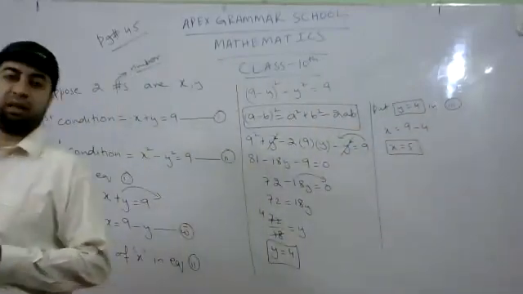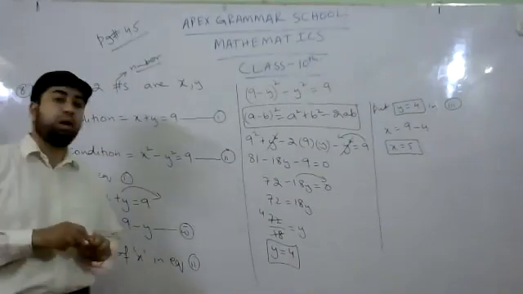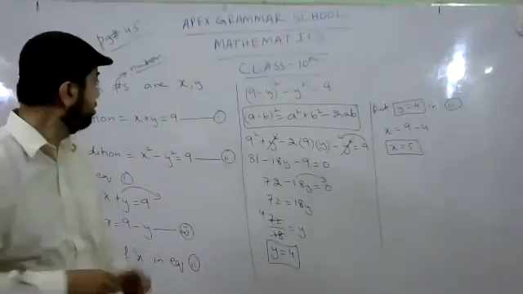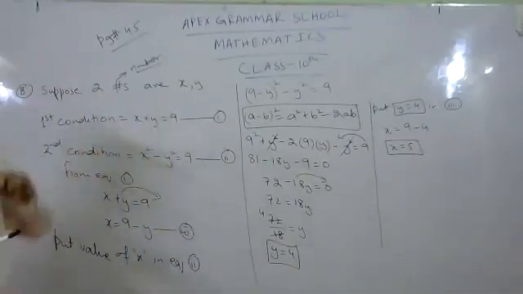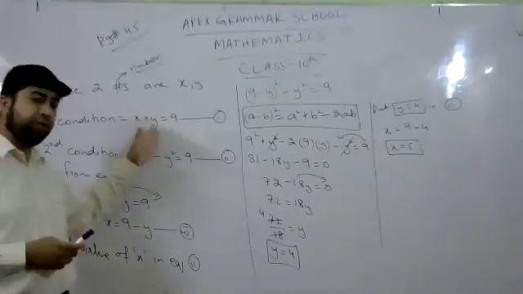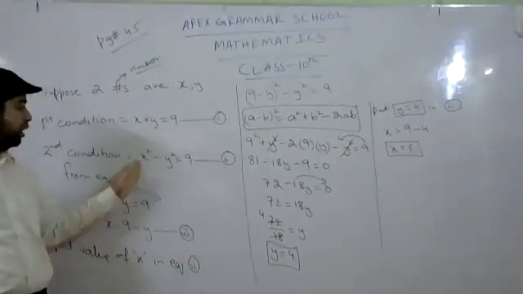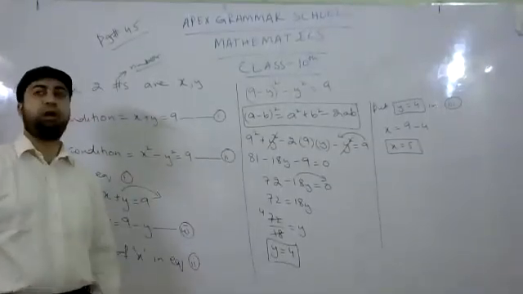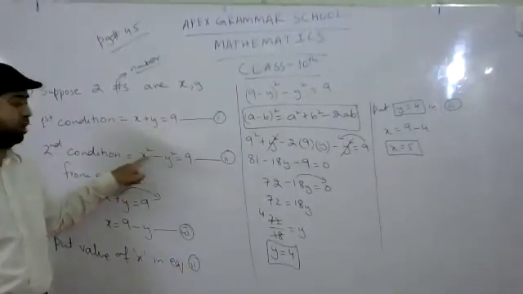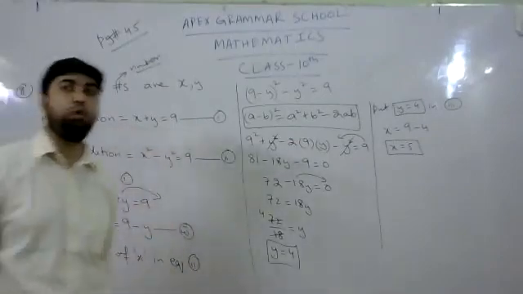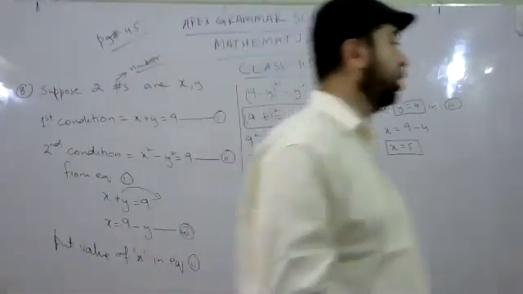Basically, these are both two numbers which fulfill the conditions: x plus y is equal to 9, meaning 5 plus 4 is equal to 9, and also for this condition 5 square minus 4 square is also equal to 9. Meaning 5 square means 25 minus 4 square means 16. So 25 minus 16 also is equal to 9, and that's it.